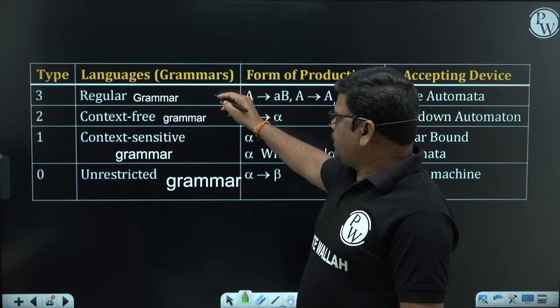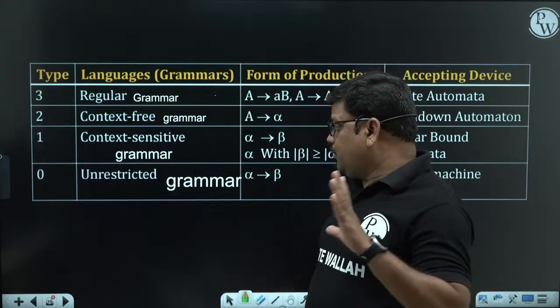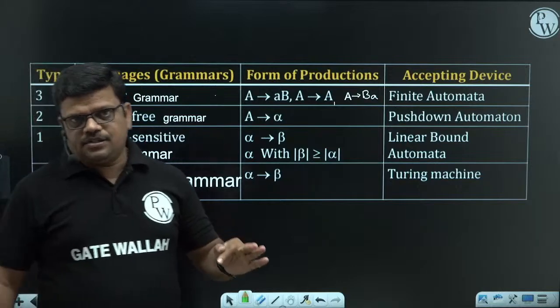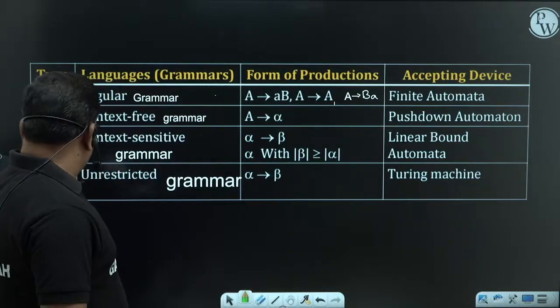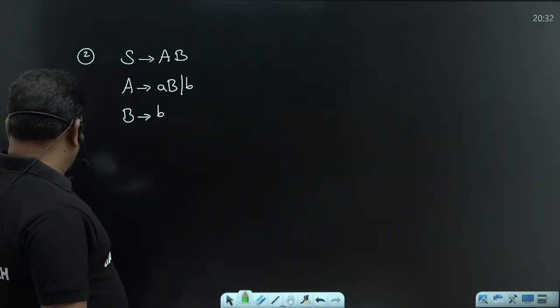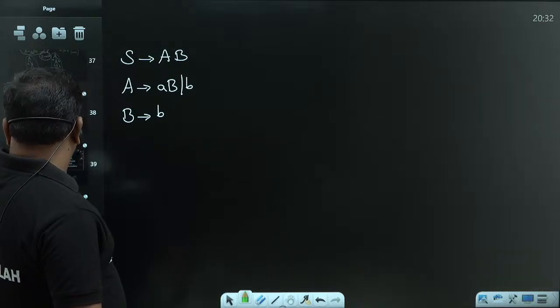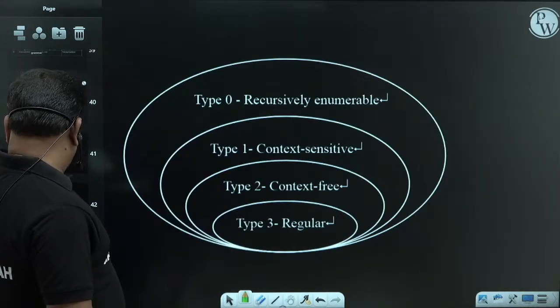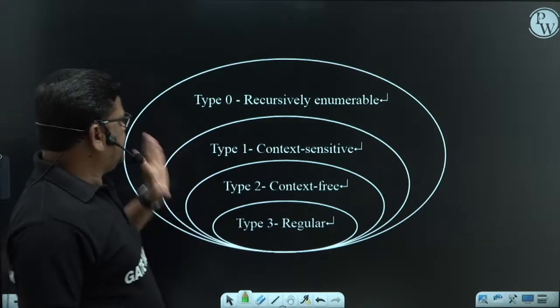We have regular grammar. Computer science is all about 4 things: regular, context free, context sensitive, recursively enumerable. I think we have this diagram somewhere here. Wait. This is our theory of computation diagram.